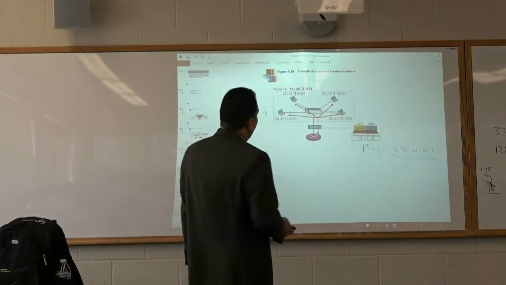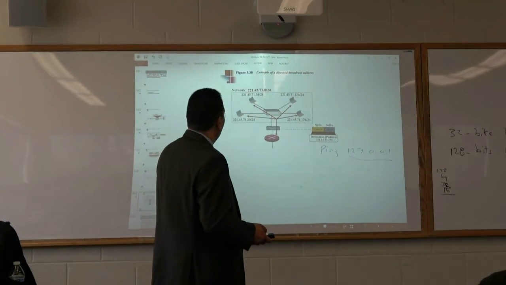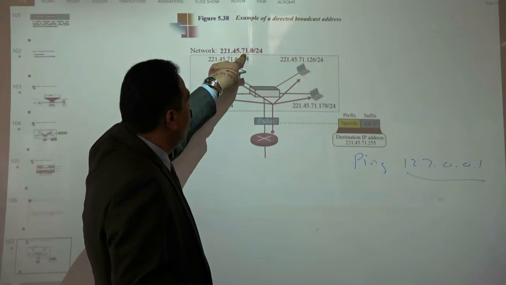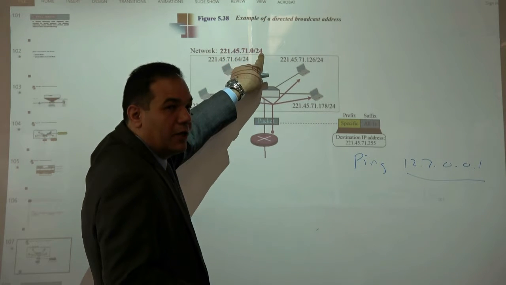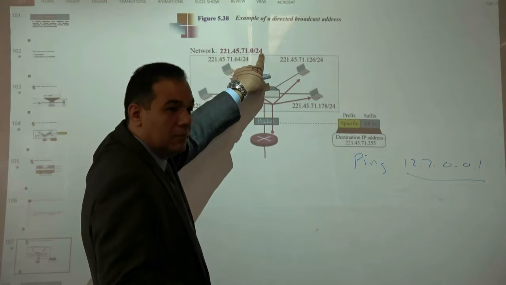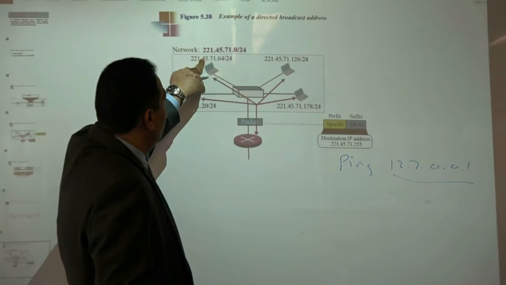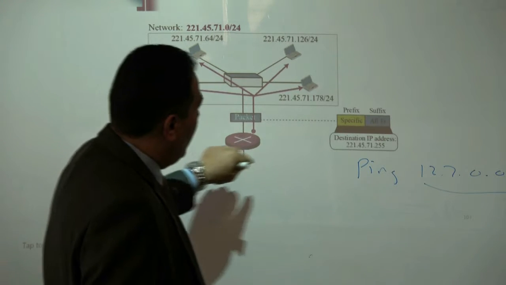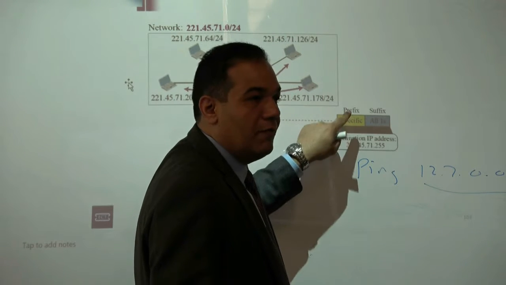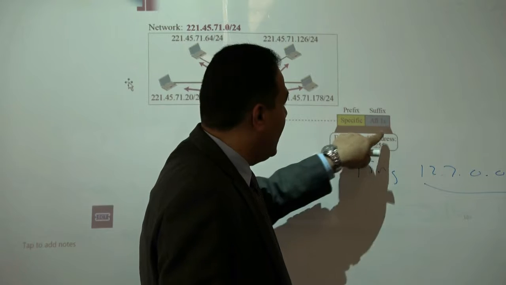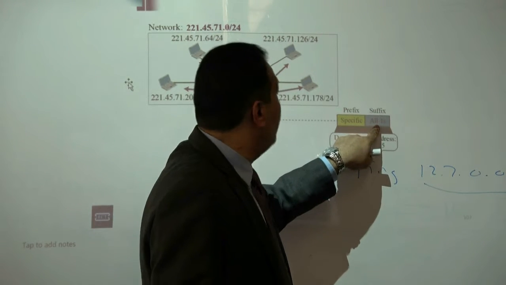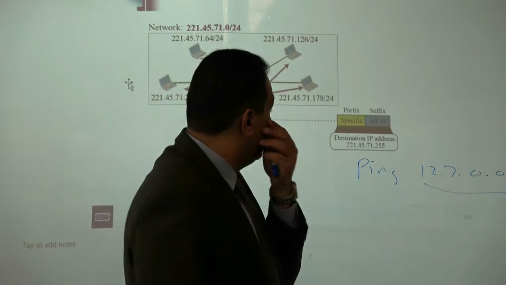Example of direct broadcast. Here, for example, this is the whole network, 21.45.71.0/24. So it's kind of class C, right? Same network. If you have the prefix, the network address, and in the suffix you have all ones, that's what we call direct broadcast.